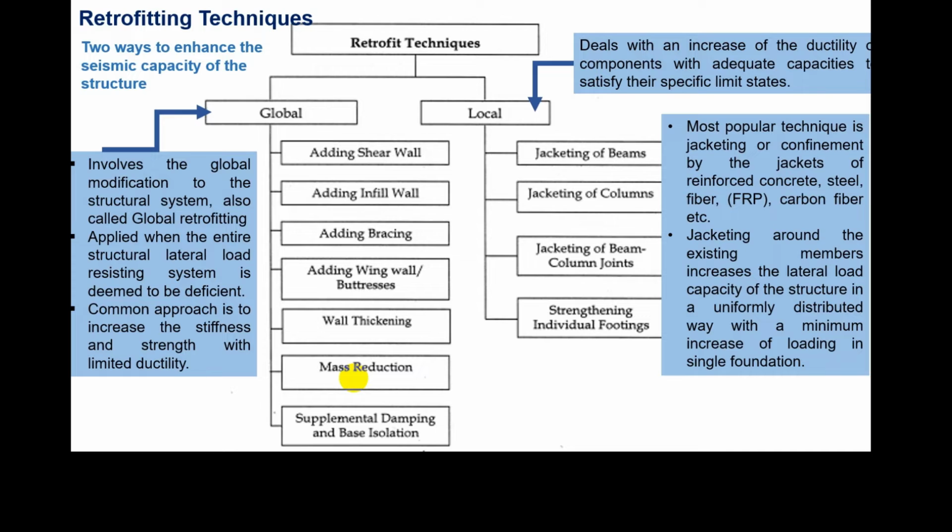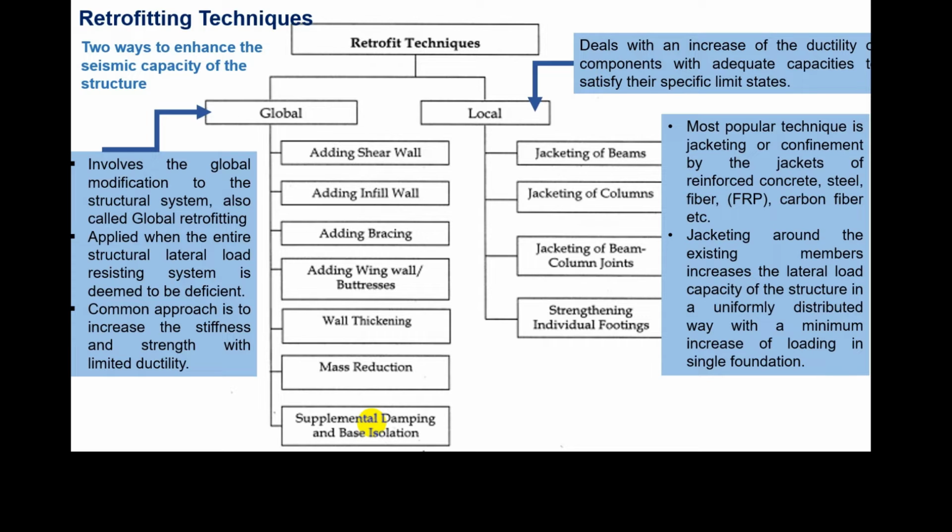And another one is the supplemental damping or base isolation. It's a very new term in the context of Nepal. In Japan and in other developed countries, these systems are more practiced in real structures also, but in the context of Nepal, it is quite new, and it's in the starting phase. Some building projects in Kathmandu Valley are applying damping technologies.